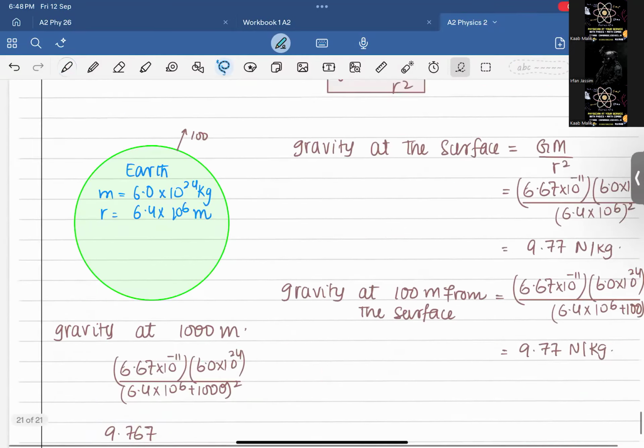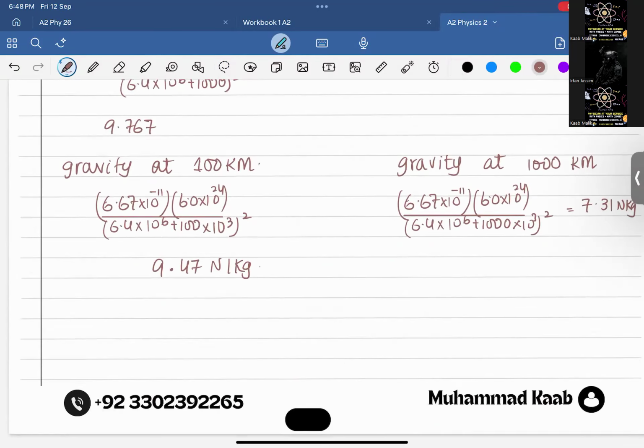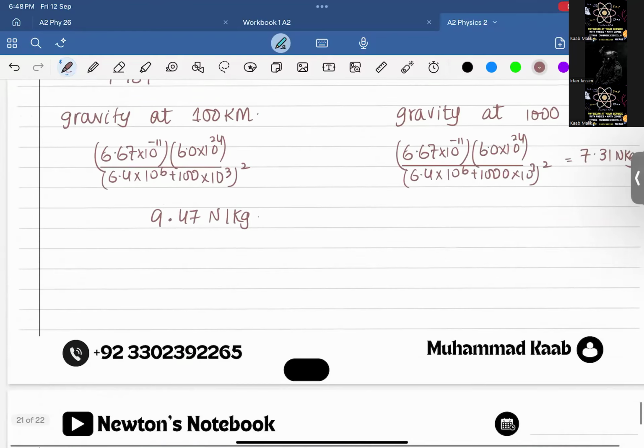This change in gravity is known as the inverse square law.